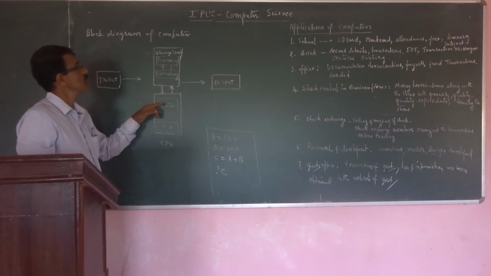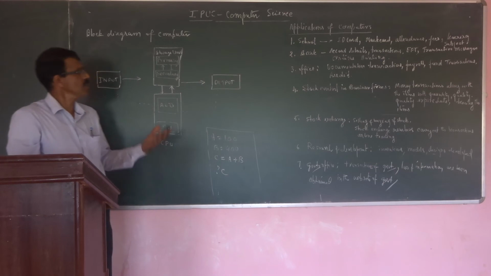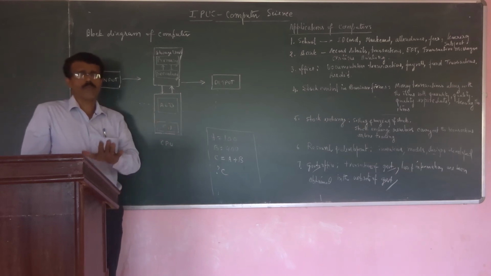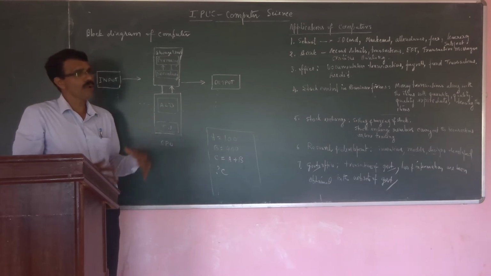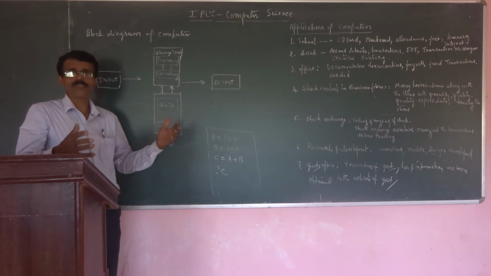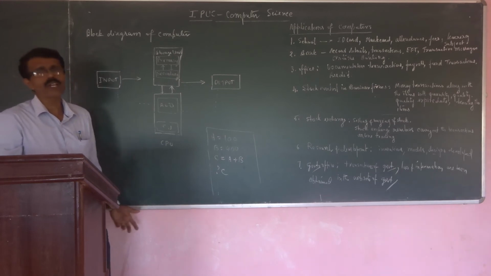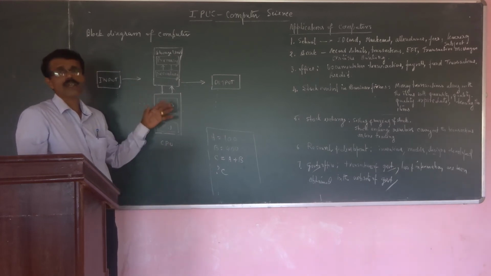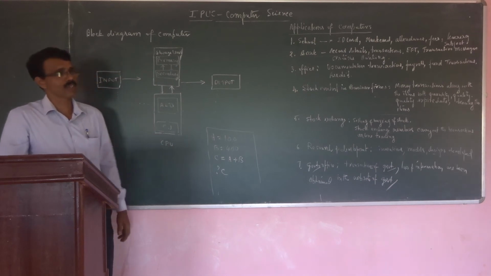Do you need primary memory? Definitely, it is a must. Without a secondary memory, you can do something. But if you are doing complex functions, procedures or problems, definitely behind that it needs a secondary storage device, hard disk and some other storage device.